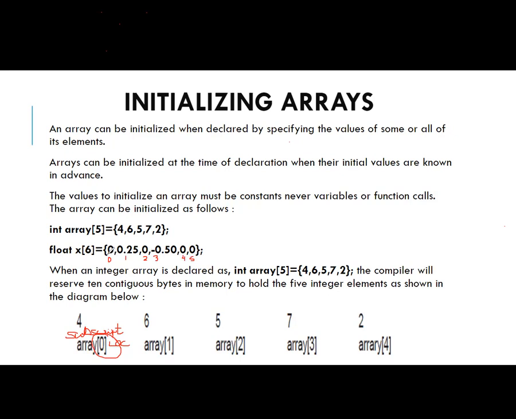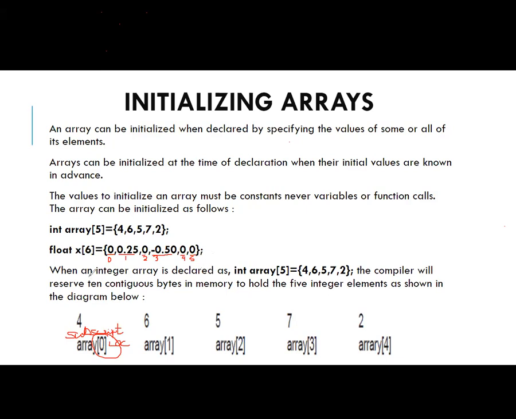So 6 values, starting from 0 to 5. I start with the 0th location up to the 5th location.